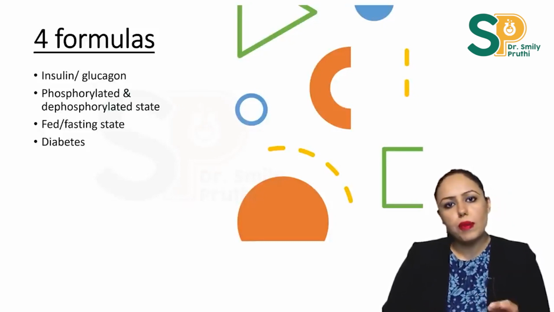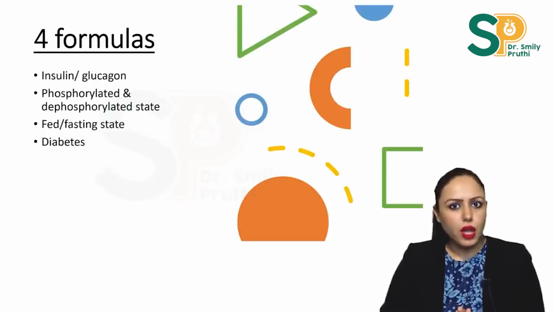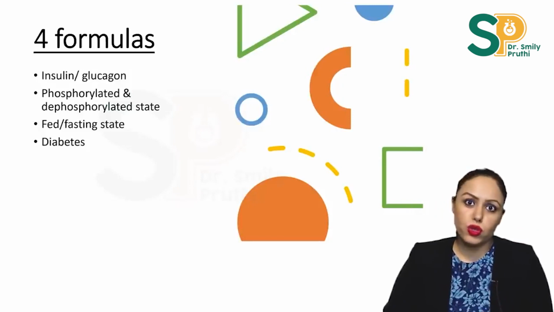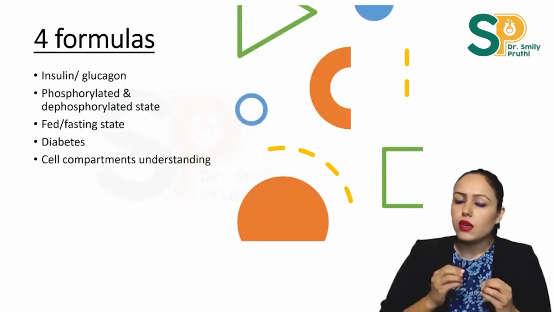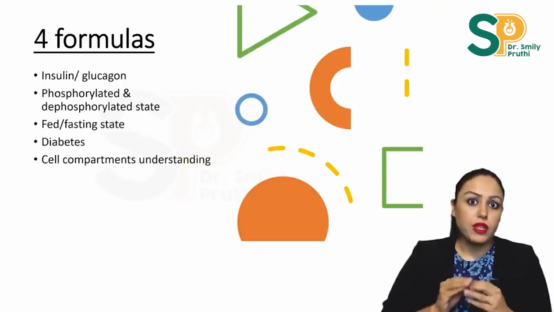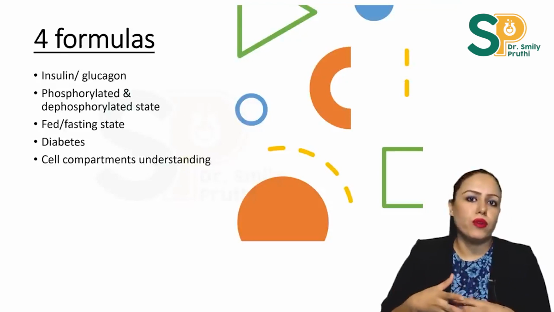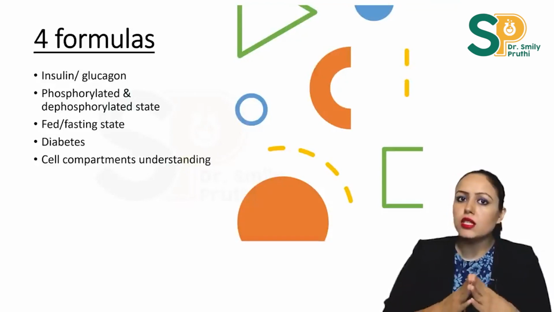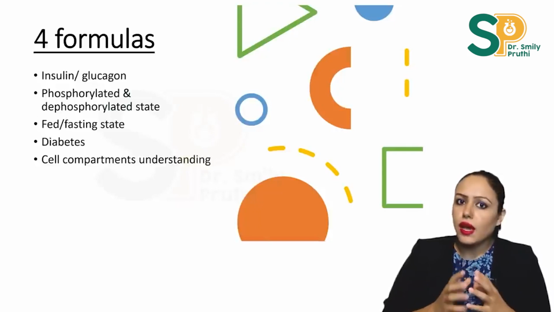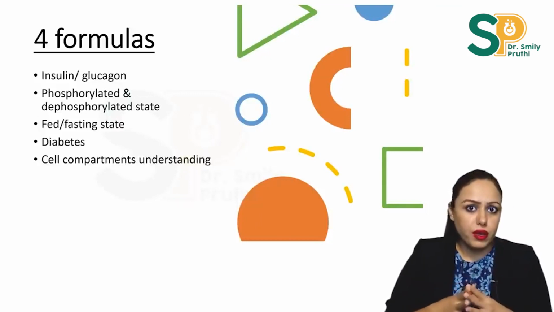So you apply all the understanding of your fasting state to a diabetic patient and you can solve these questions. Then cell compartment understanding: you usually cram which pathway occurs in the cytoplasm and which pathway occurs in the mitochondria, right? There's no understanding, but you can understand this concept also, which pathway occurs in the cytoplasm and why. Ask a why behind it and you'll be easily able to learn it.